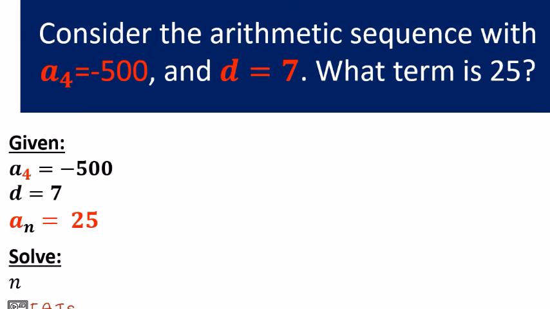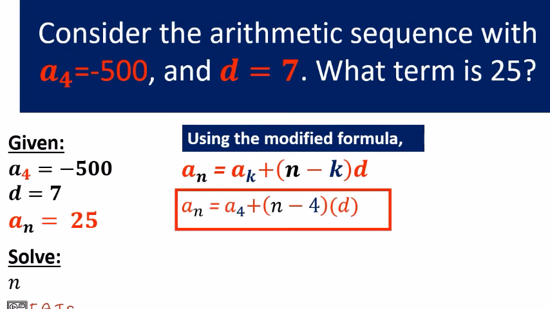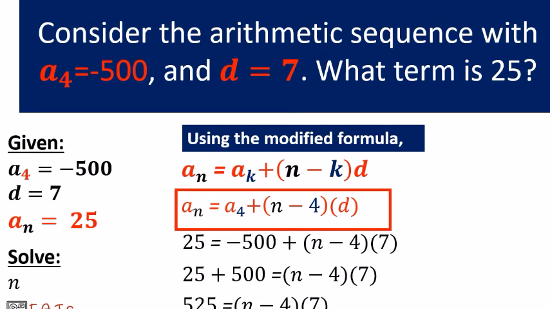So let us use the modified formula where a sub n is known and a sub k is our a sub 4. Substituting the corresponding values provided for the variables found in our modified formula, we have a sub n equals a sub 4 plus n minus 4 times d.